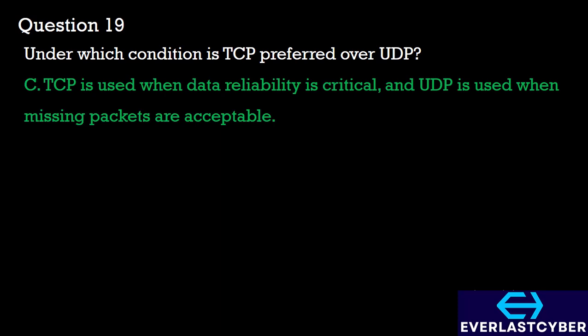However, it is used in applications where some data loss is acceptable, but low latency and speed are crucial. So UDP is usually used in online gaming, voice and video communication, as well as live streaming, while TCP is used where data reliability is critical, like in file transfers, emails, and web browsing. So this is a case where TCP is preferred over UDP.